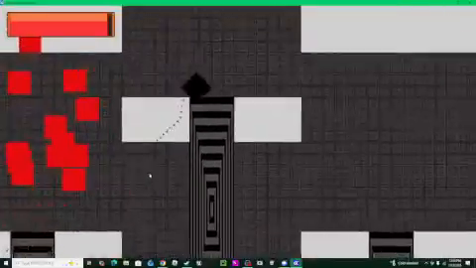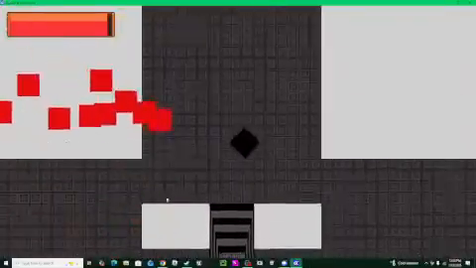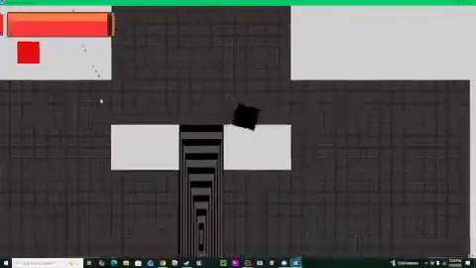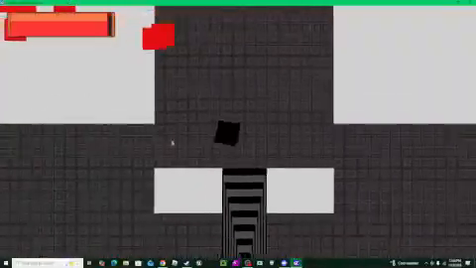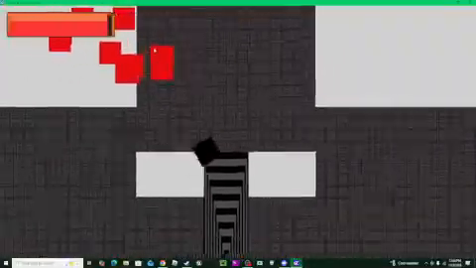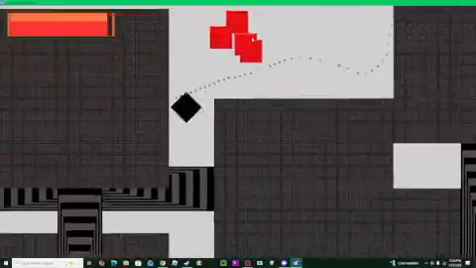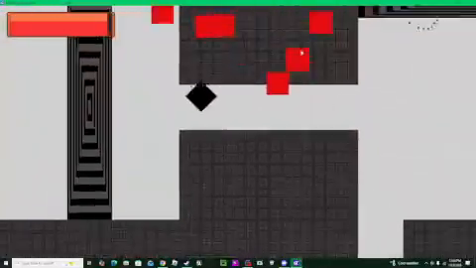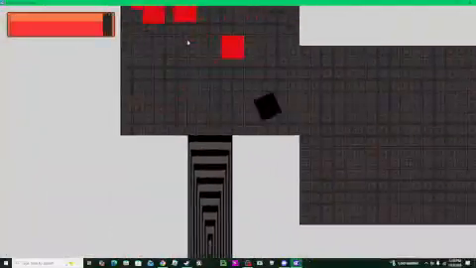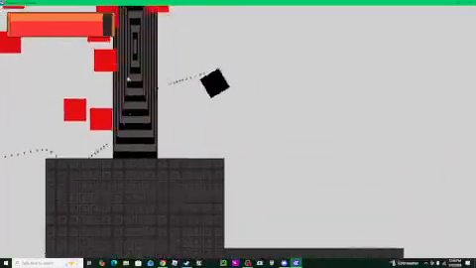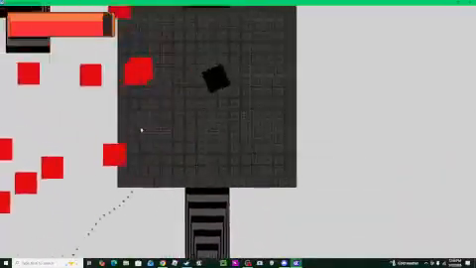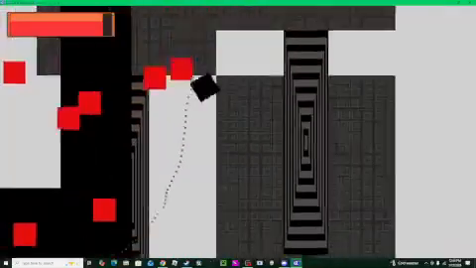Yeah, there's some problems, some quirks. These actually are not supposed to be connected like this. Currently, I don't have walls even implemented yet. I'm focusing just on the generation algorithm still right now.